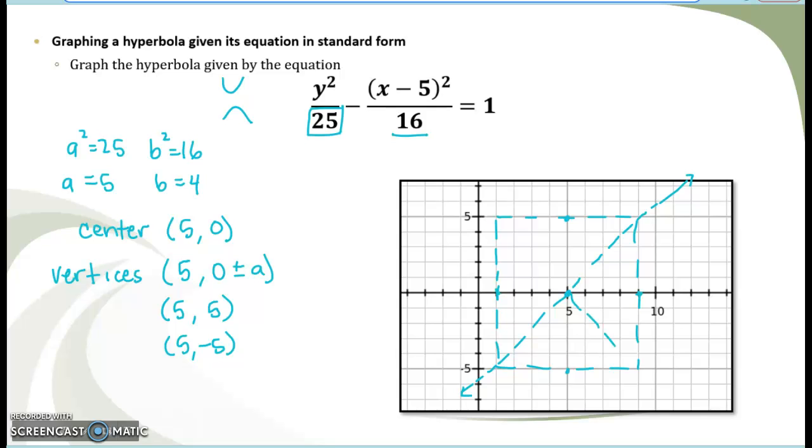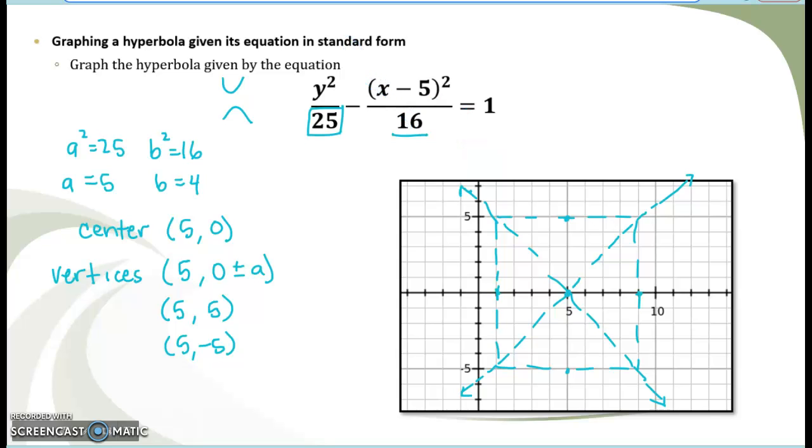Now in the last problem, I did everything in one color, but I want you to see something on this one. These are just asymptotes, right? They're kind of like guides. Let's undo that mess there.